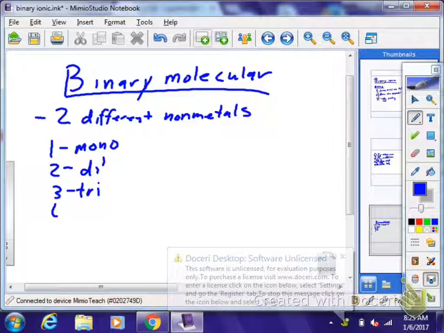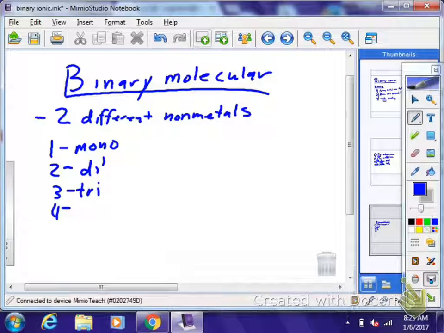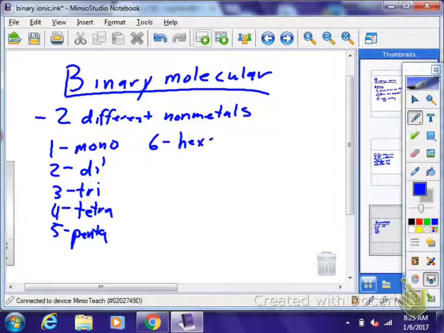This is the one that students will struggle with. 4 is tetra. 5 is penta. 6, anybody know? Like 6-sided figures of what? Hexagon, right? So hexa. 7 is hepta.